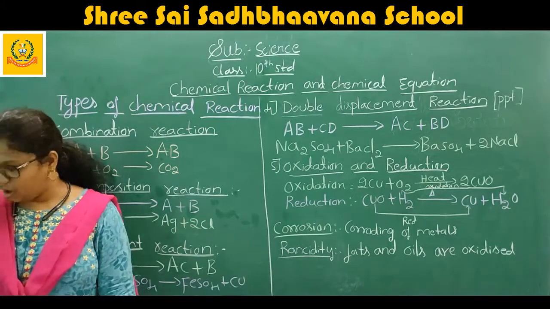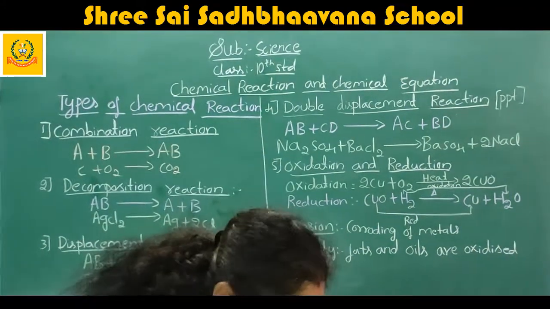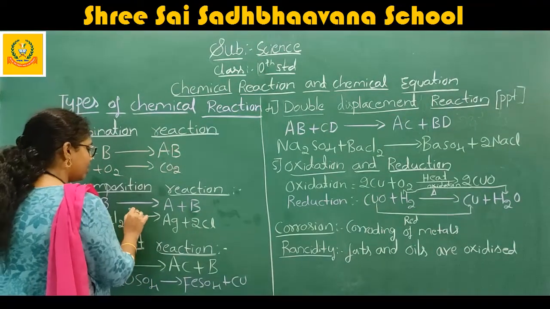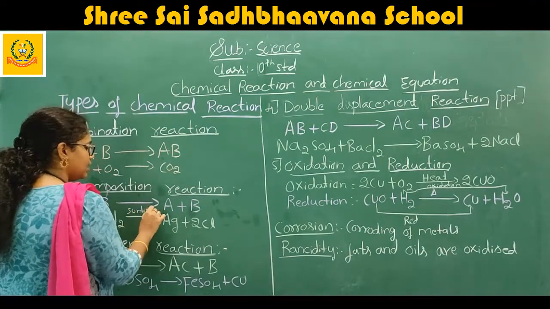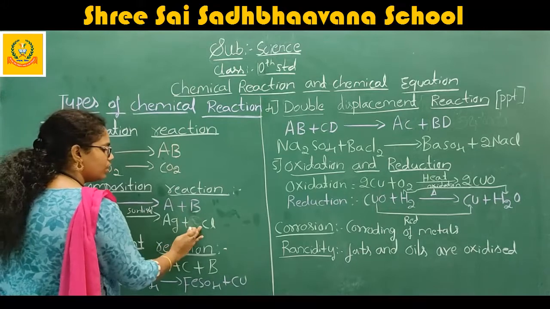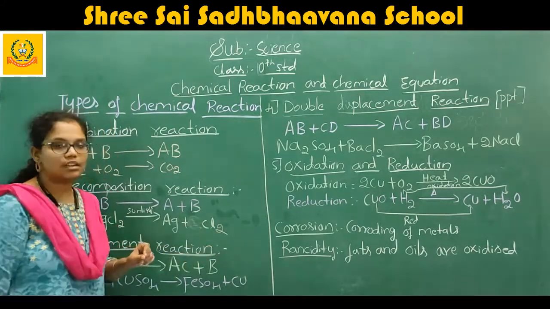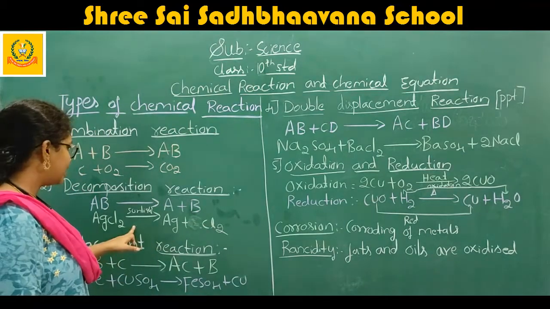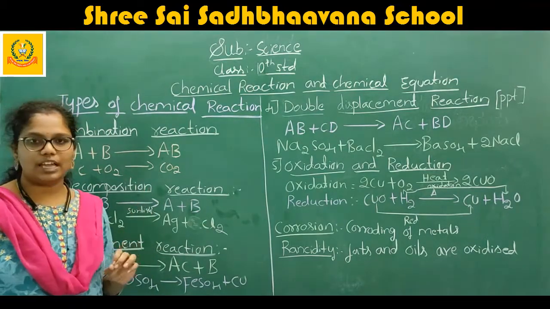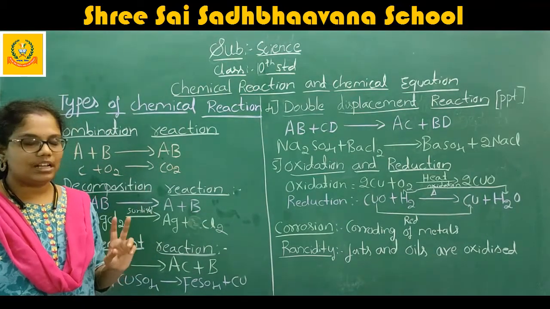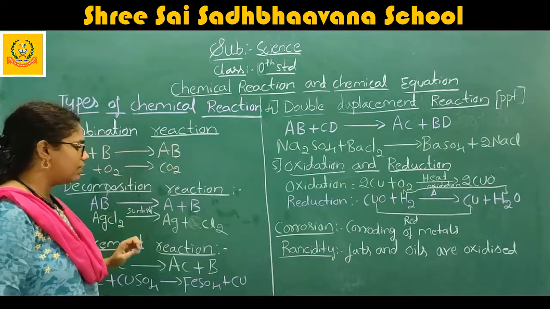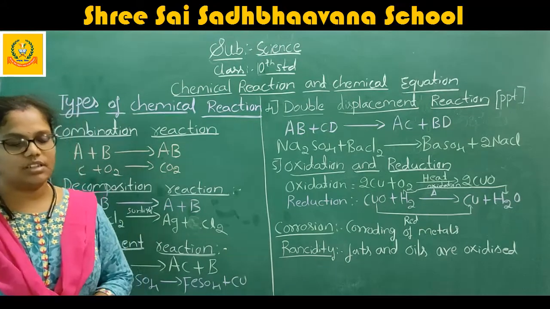Due to the presence of sunlight, it forms 2Ag and Cl2. That is, chlorine gas is evolved. This is the example for the decomposition reaction. You already know these two: one is the combination reaction and the other is the decomposition reaction.